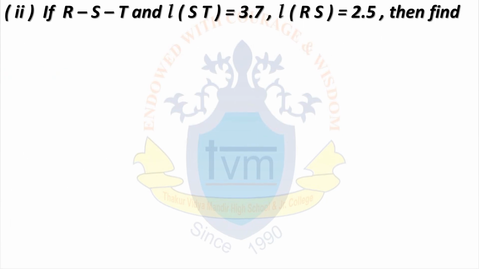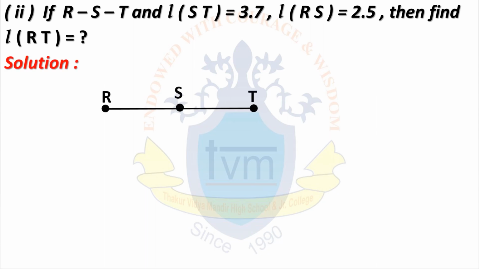Now here we have the next question. If R-S-T and length ST equals 3.7, length RS equals 2.5, then find length RT. So here you can see that it is mentioned that points R, S, T are collinear points.